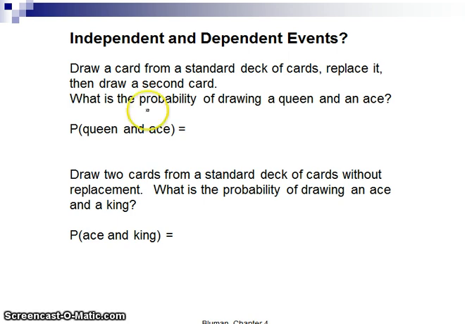When we see that word "and" in the problem, we're thinking, oh, okay, when I see "and," that's a product, that's a multiplication. So the probability of drawing a queen and an ace is the probability of drawing a queen times the probability of drawing an ace.